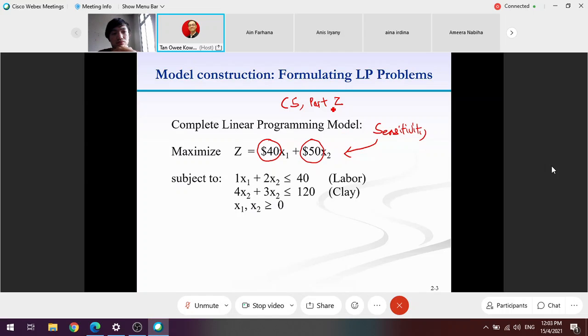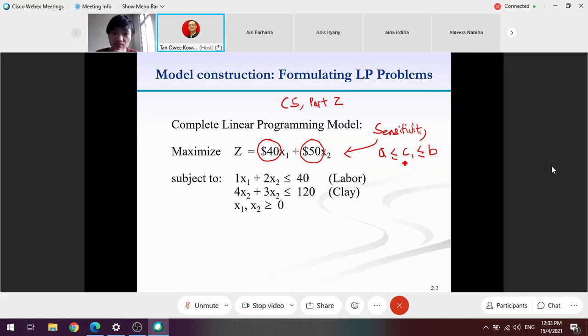What we did in part 2 was identify the limits, the range of sensitivity, when the objective coefficient is changing from A to B without changing the optimum solution.